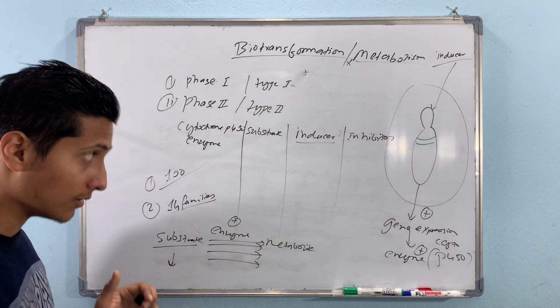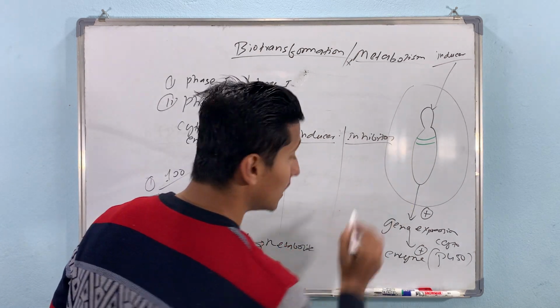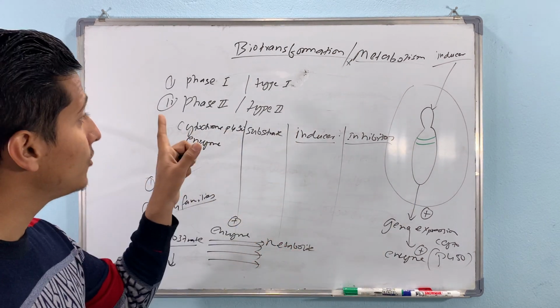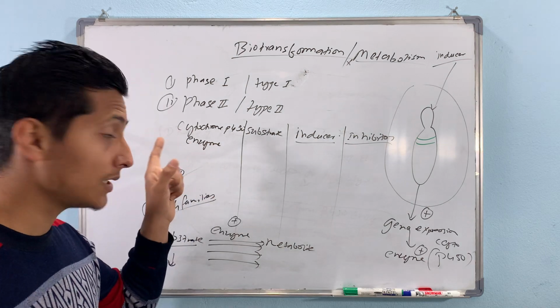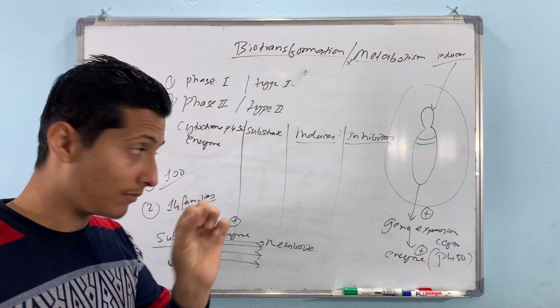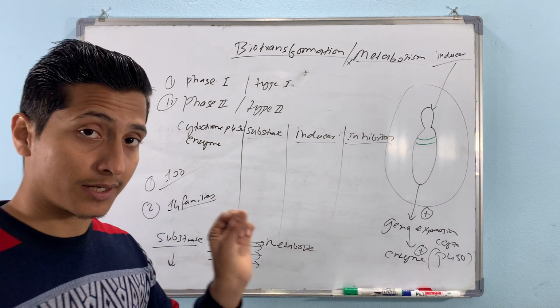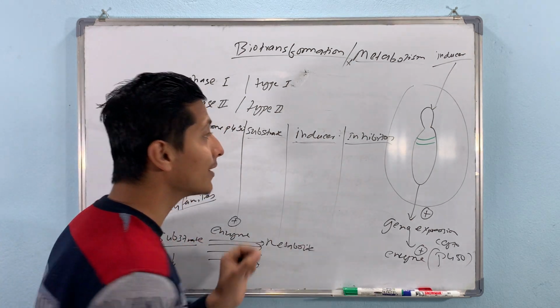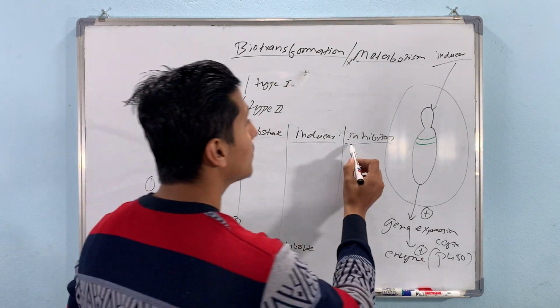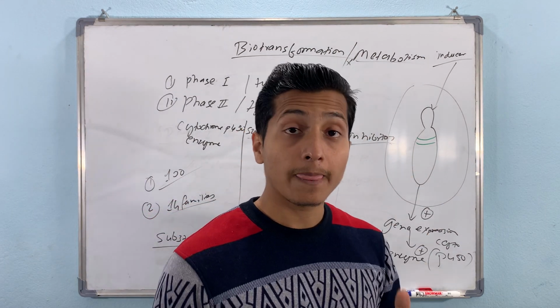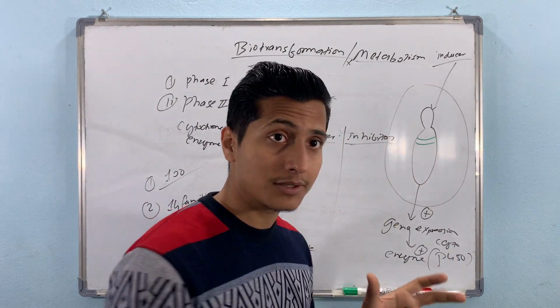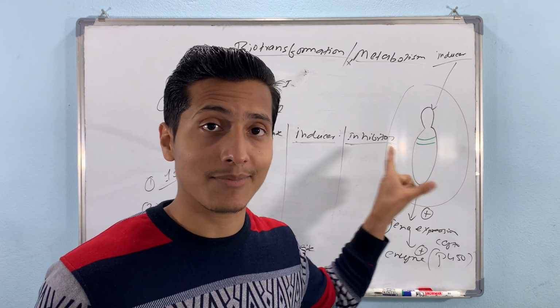Before getting into an example, let's talk about inhibitor. So we talked about cytochrome P450 enzyme in just basic terms, right? And we know about substrate, and we now know what an inducer is. What is an inhibitor? I already told you that this is the normal thing that happens in the cell.